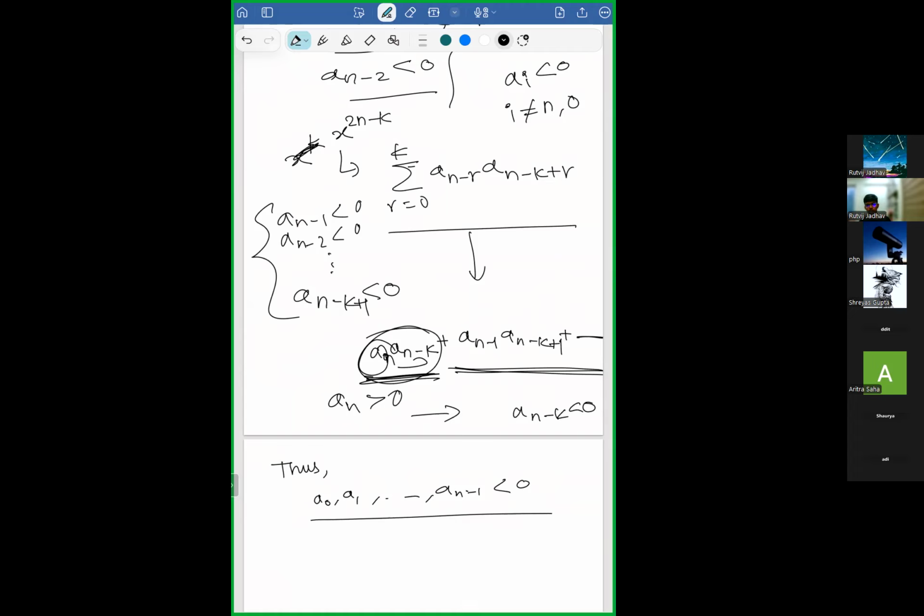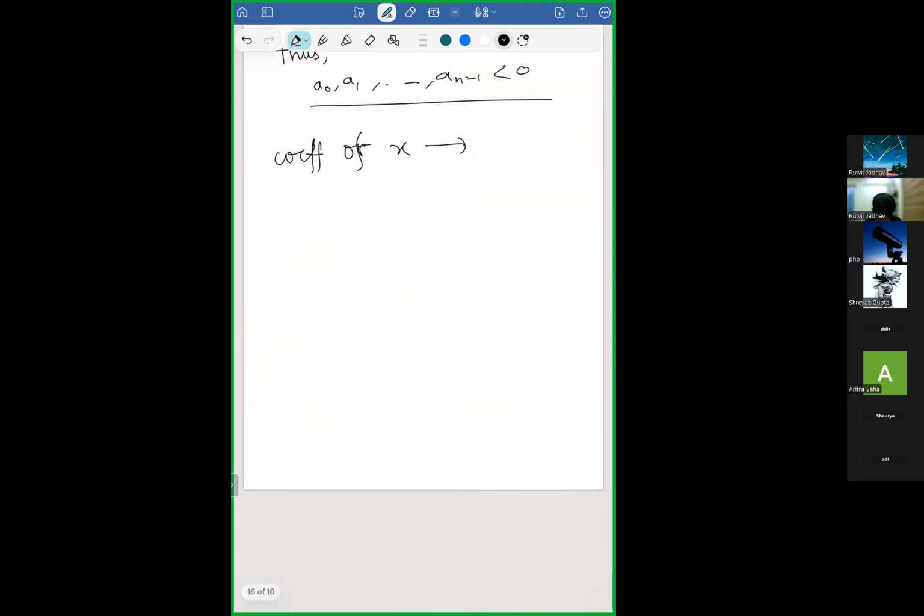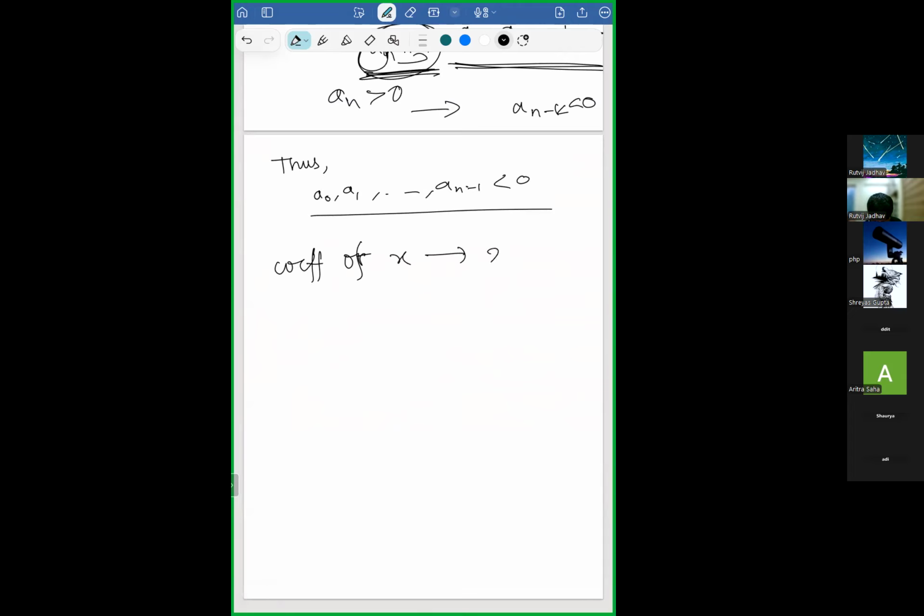But yeah, you are right. A naught has to be greater than zero. Can you prove that? If you check the coefficient of x, it's like 2 a naught a1.